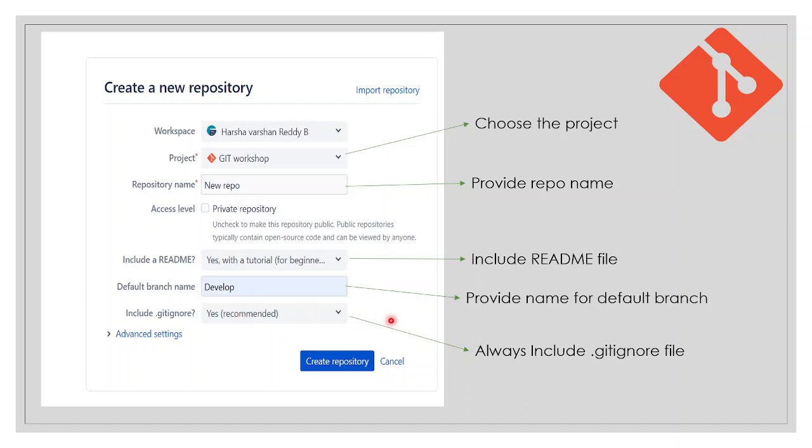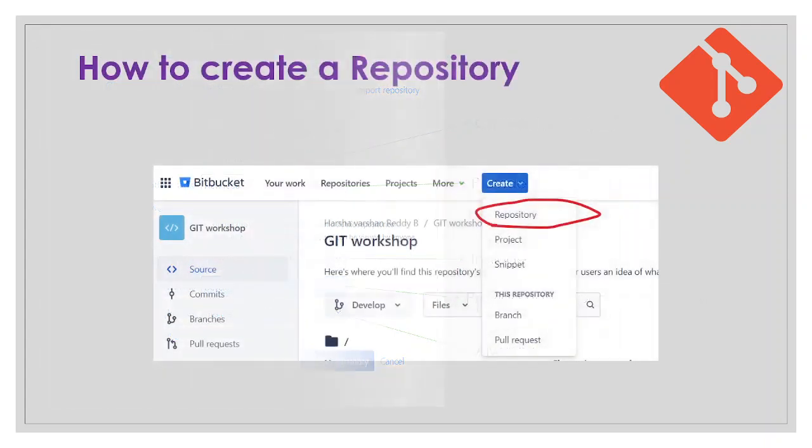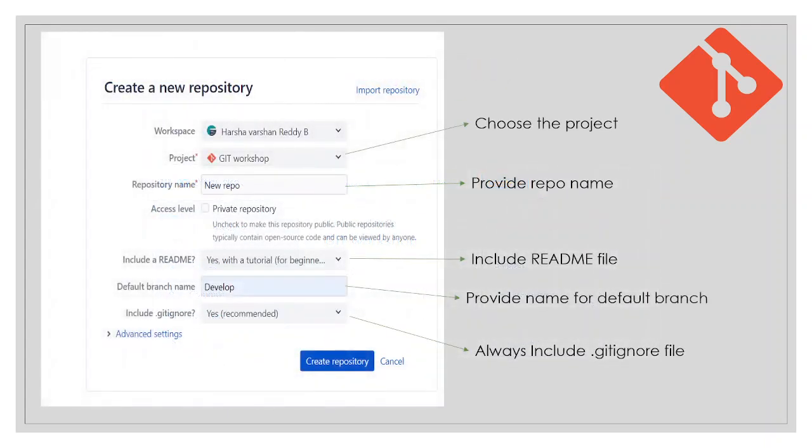This is a mandatory file, I can say. It is recommended to have this file in your repository. We'll discuss why we need this file and what things to keep inside it. Okay. Hope we are clear. Maybe I will go forward if there are no questions.